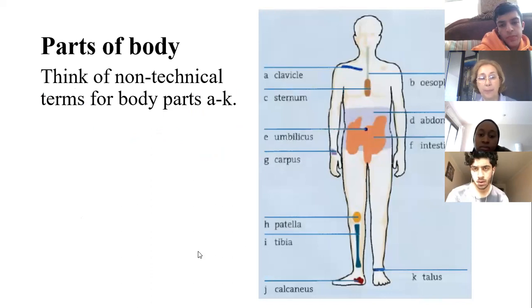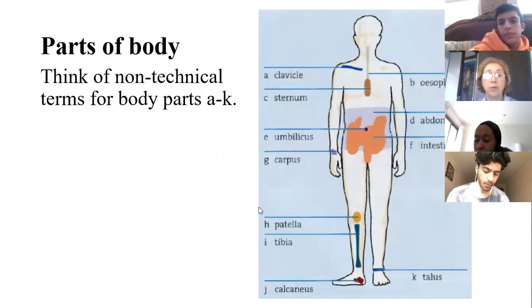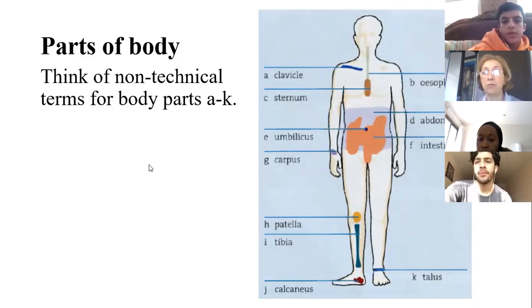Here you can see the diagram with the words. Actually, they are medical terms, technical terms that the doctors use to describe some parts of the body. But in conversation with common people, the doctors need to help the patient understand what the disease is.